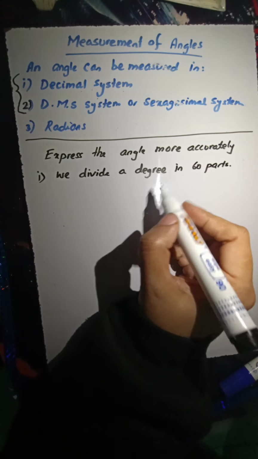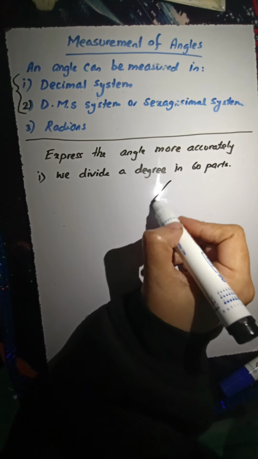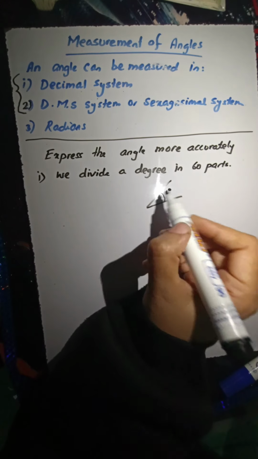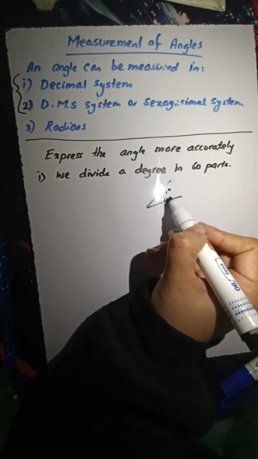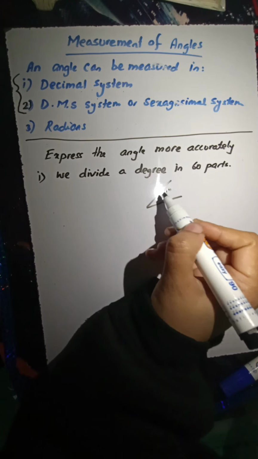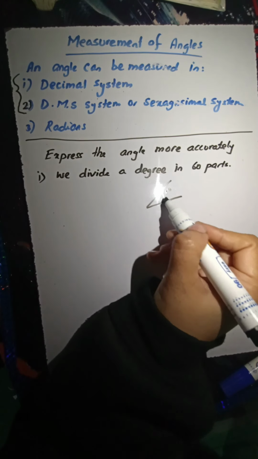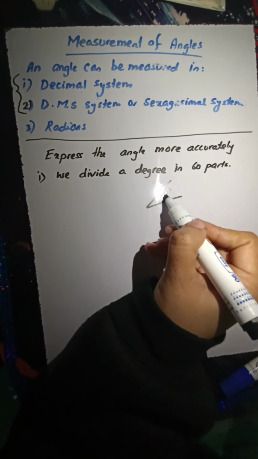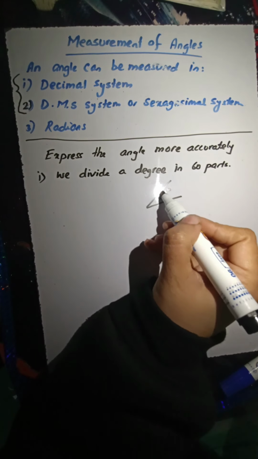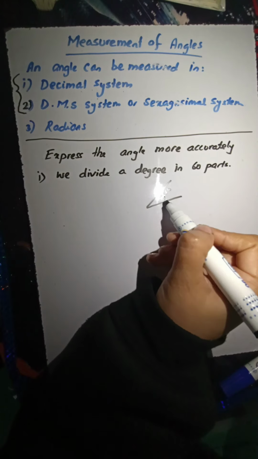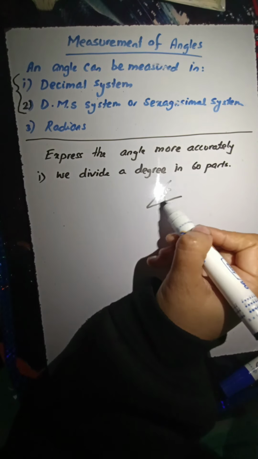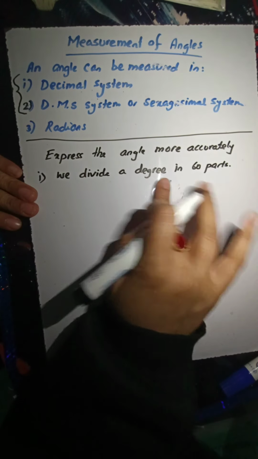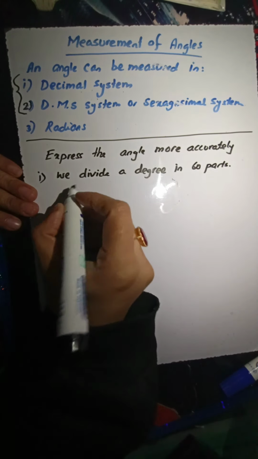Suppose a degree is from here to here, we have divided this gap into 60 more equal parts. It means that from here to here we will have 30 parts, and from here to here we are going to have 30 more parts. So this whole gap of 1 degree is further divided into 60 parts.